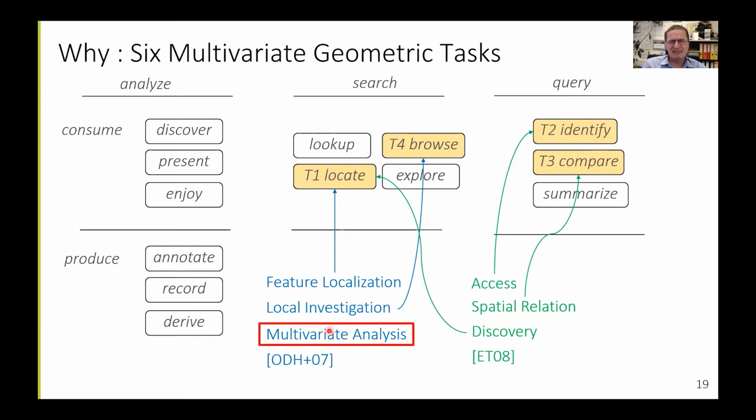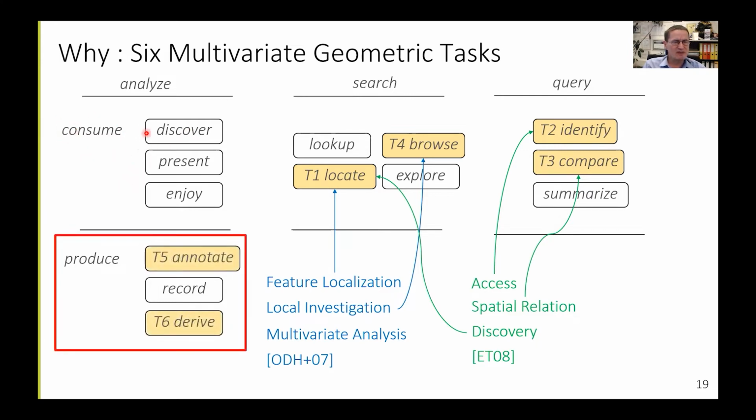Multivariate analysis we leave away, as this is dealing with abstract views, and you are interacting with various abstract views. Here we are interested in this interplay between spatial and abstract data. And the one thing is consume, and that will be in the first use case.